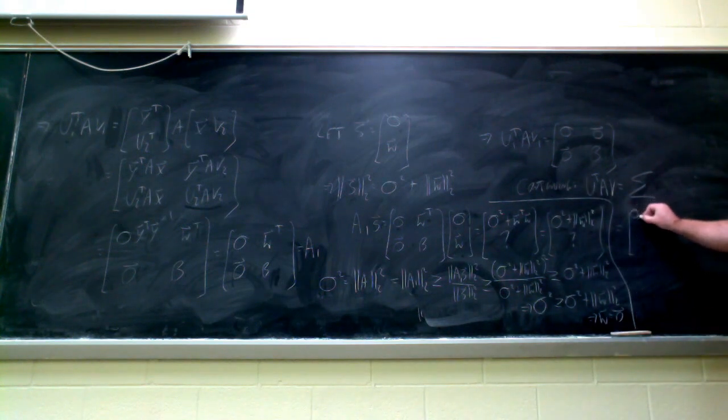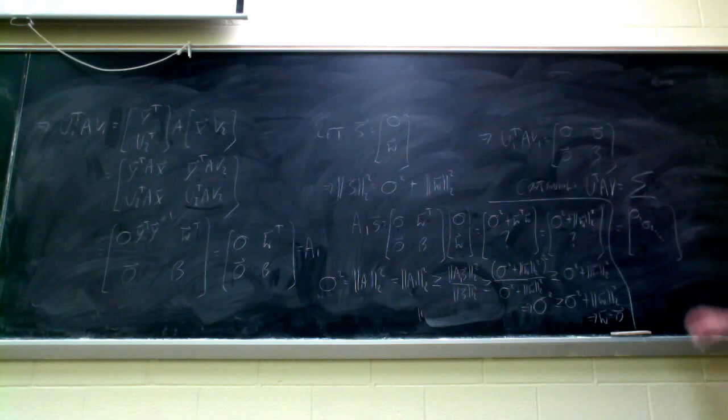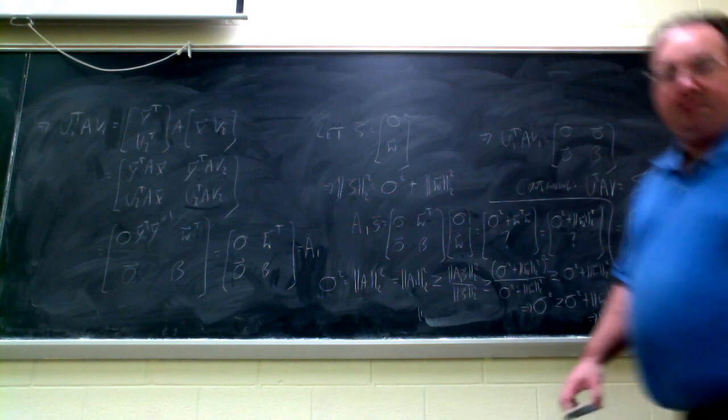These entries along the diagonal have to be non-negative because each of these sigmas is the 2 norm of some matrix. Now, U and V are orthogonal matrices.